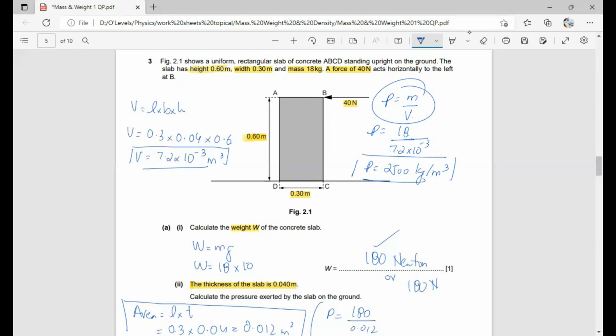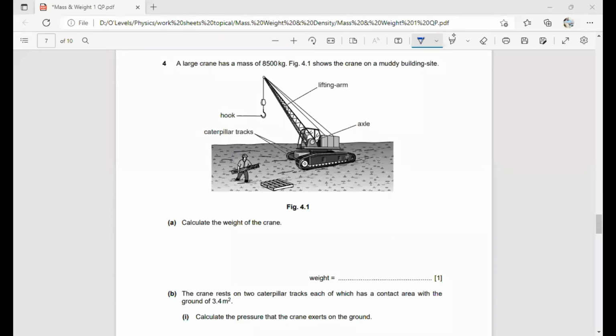So in your exam, these kinds of questions may be asked frequently, especially for weight, area, volume, and density. A large screen has a mass of 8500.